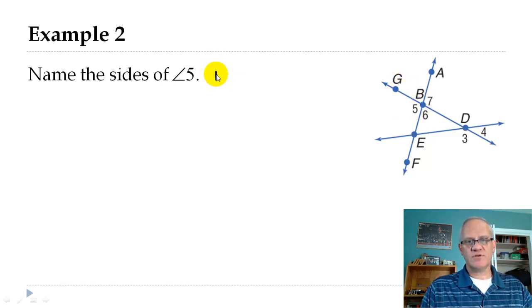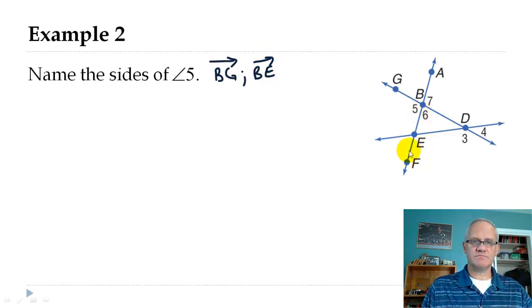B. So we have to call this ray BG. That's this side over here. What could we call this other side? Again, you have to start with B because that's the endpoint. We could call it ray BE, or you could call it ray BF. Either way on that one. Okay?